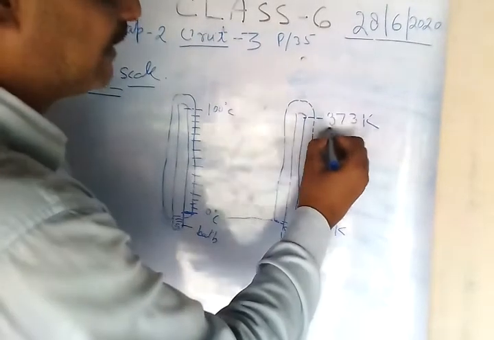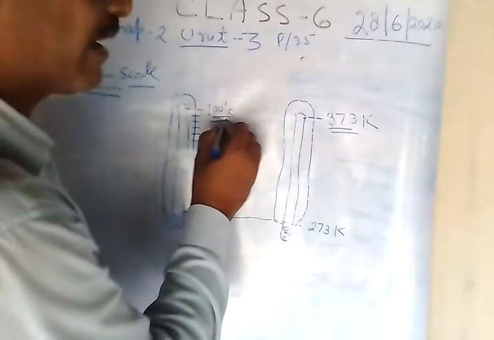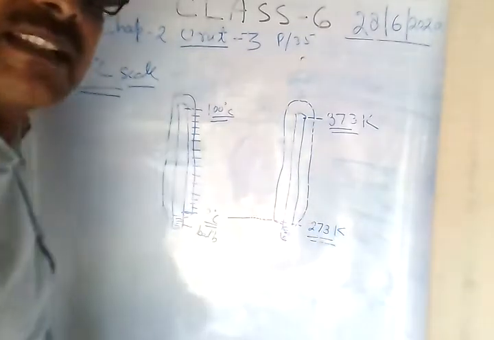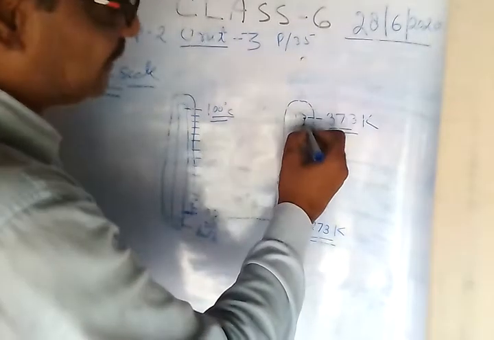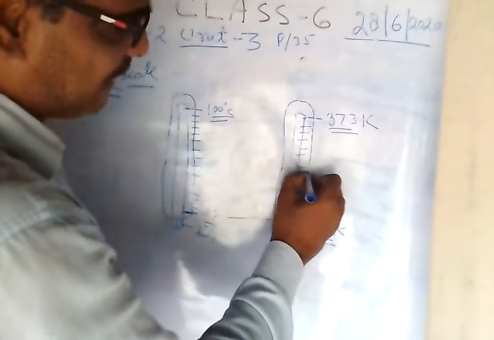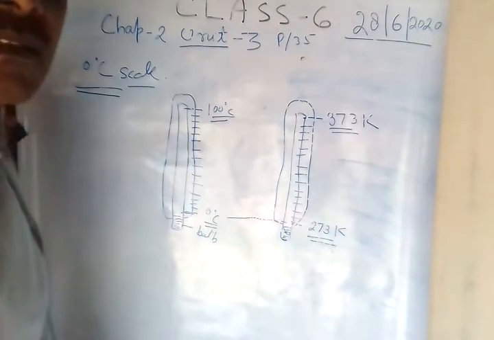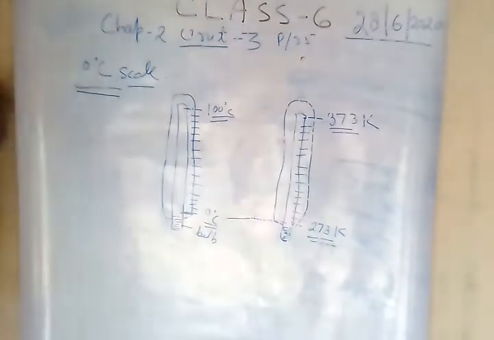It means 373 Kelvin is equal to 100 centigrade, and this is divided into 100 equal parts.